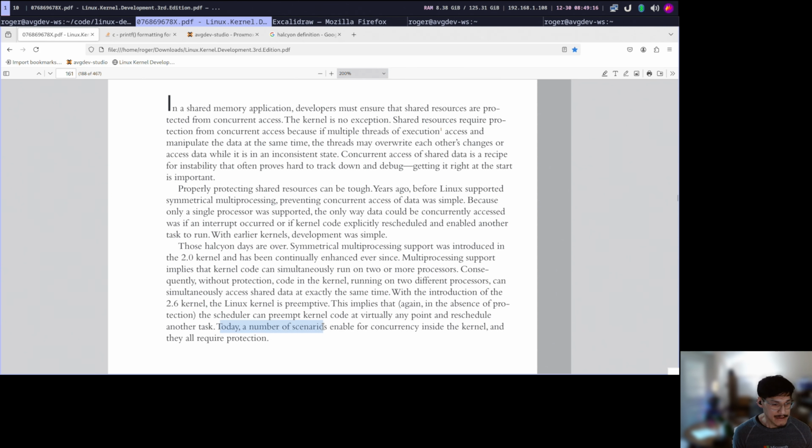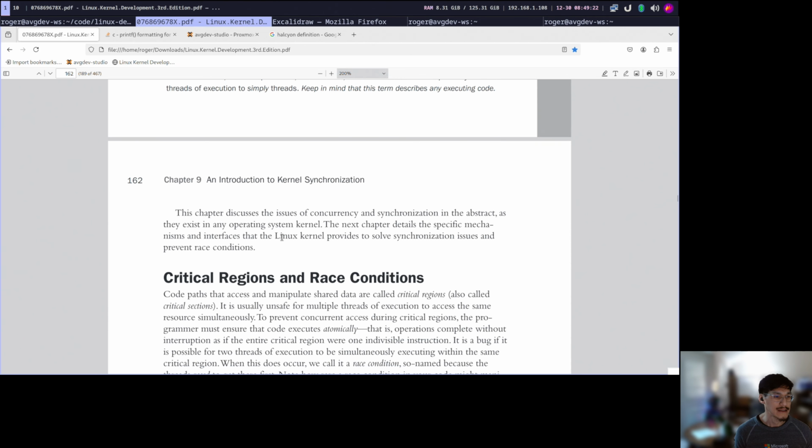Today, a number of scenarios enable concurrency inside the kernel, and they all require protection. This chapter discusses the issues of concurrency and synchronization in the abstract. So it's conceptual, not really truly related to the kernel, but just to get our basics down, as they exist in any OS kernel.